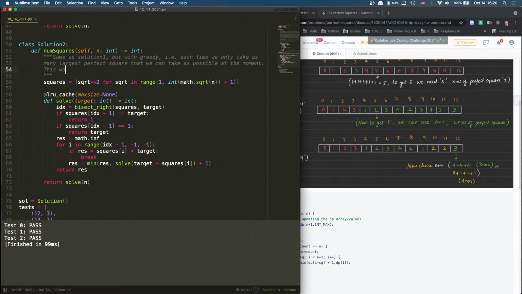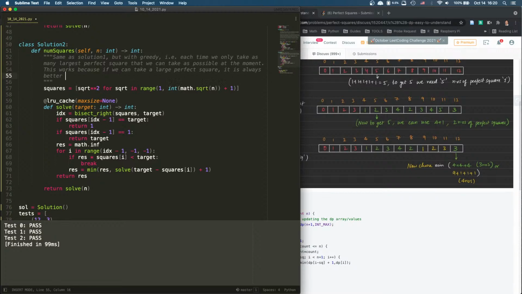This works because if we can take a large perfect square, it is always better to take that instead of taking multiple smaller perfect squares. So in this case, these are all good, right?